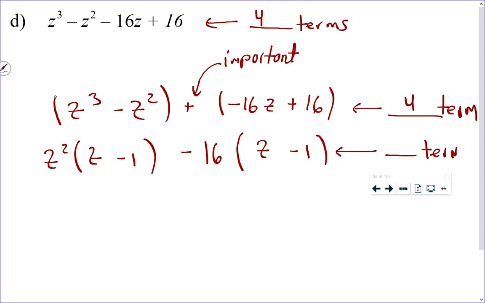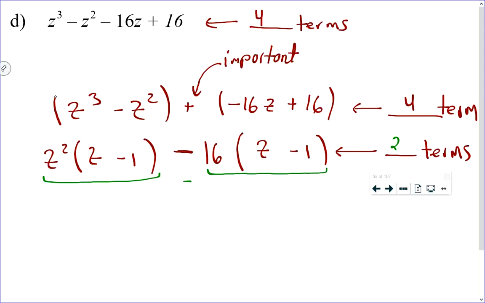How many terms are here? 2. Terms are things that are added or subtracted from each other, and each of the terms can have things multiplied together. But what we are looking at here is this minus this. So is there a common factor? Well, yeah, there's a common factor of z minus 1.